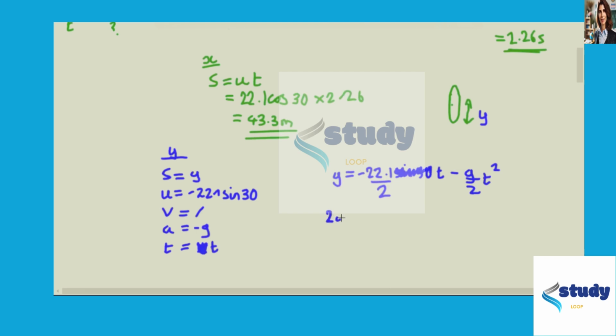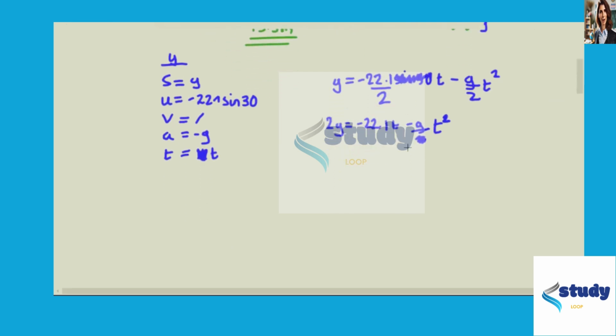We could say that 2y is equal to minus 22.1 t minus g t squared. So we're getting this into an easy quadratic version.